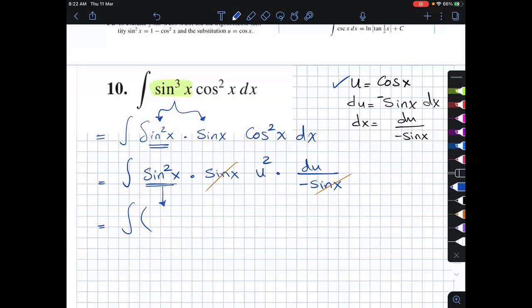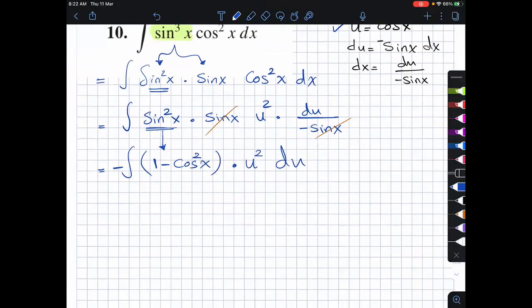We can replace it by what? Sir, I think 1 minus cosine squared x. Yes, exactly. 1 minus cosine squared x multiplied by u squared du. And the negative will be outside the integral. Then we rewrite it as negative the integral of 1 minus u squared times u squared du.